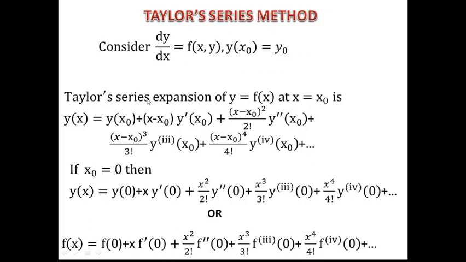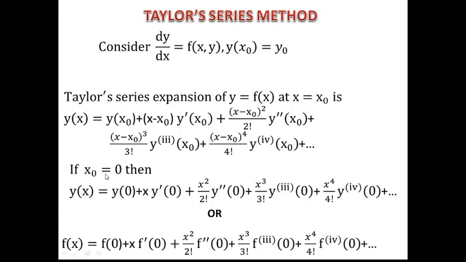We know that the Taylor series expansion of the function y equal to f of x at x equal to x naught is given by y of x is equal to y of x naught plus x minus x naught y dash of x naught plus x minus x naught whole square by 2 factorial y double dash of x naught plus, and so on. Here any number of terms can be written, but in this video lecture we will find the Taylor series expansion up to the fourth order derivative only, unless otherwise specifically mentioned in the problem.